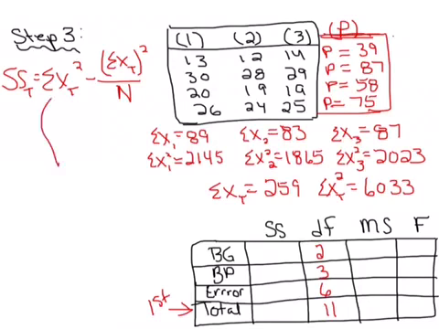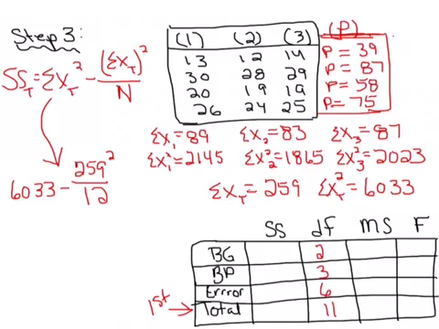So here's what we're going to get. 6033 minus 259 squared divided by 12, right? Because we have a total size of 12. There's 4 in each condition, 4 observations in each condition.